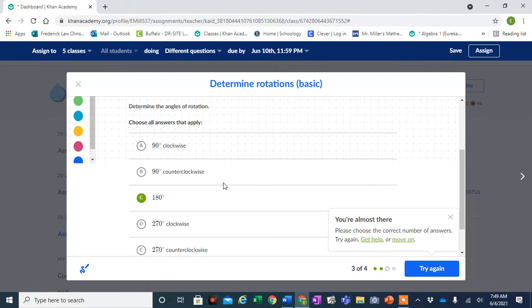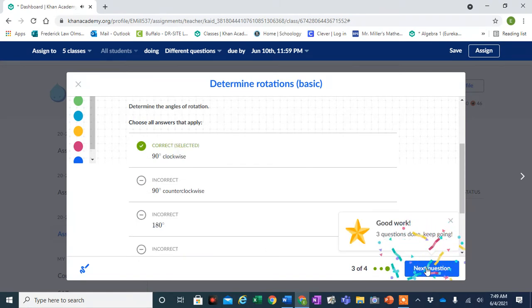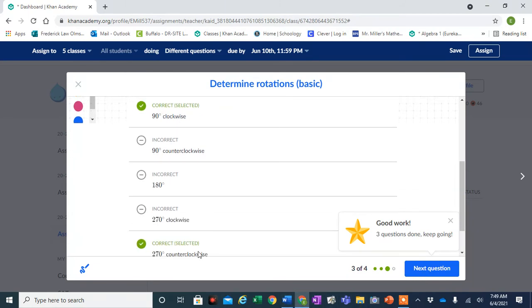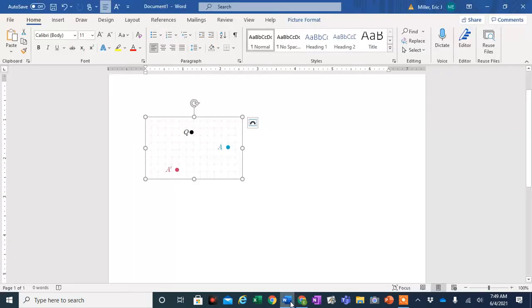Which I did not get correct. So it's probably the 90 clockwise and the 270 counterclockwise, which it is. So again, I'm not the best at this. I have a hard time visualizing. That's why I was trying to do the rotations. But 90 clockwise and 270 counter.